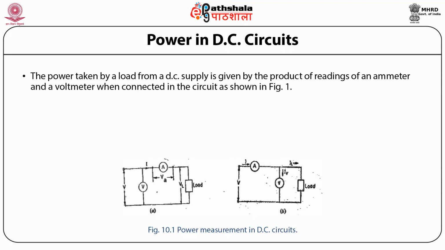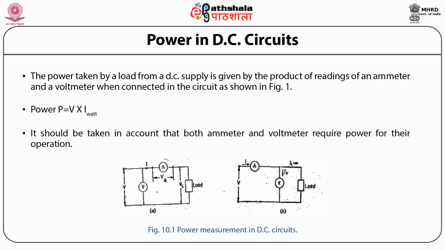The power taken by a load from a DC supply is given by the product of readings of an ammeter and a voltmeter when connected in the circuit as shown in figure 1a. So, the power P is given by V into I watt.